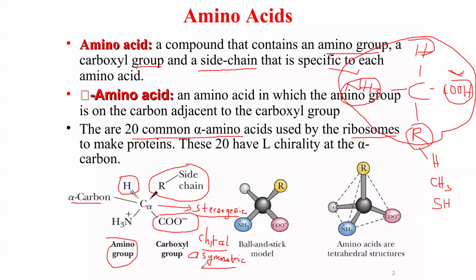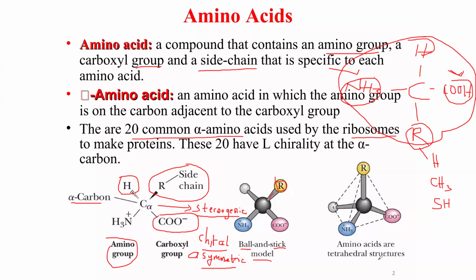We also have a way of representing compounds, which is the ball and stick model. Amino acids have their own structure in this model. This is a ball, and this is the stick, so we call it the ball and stick model.